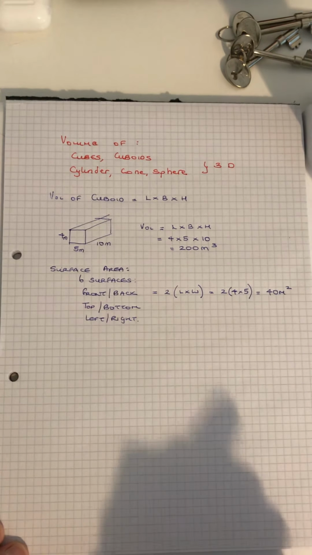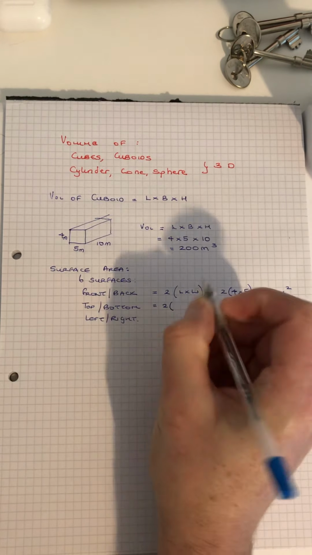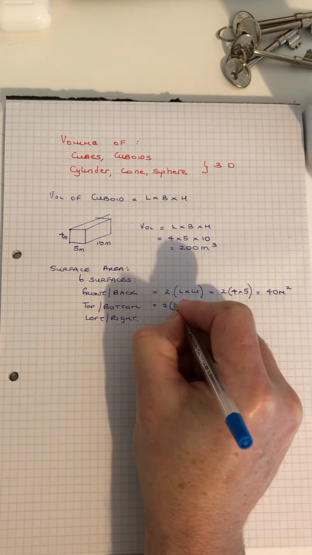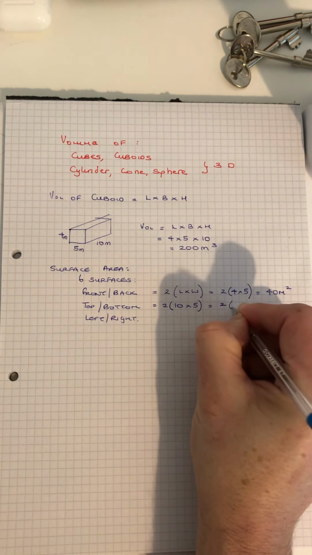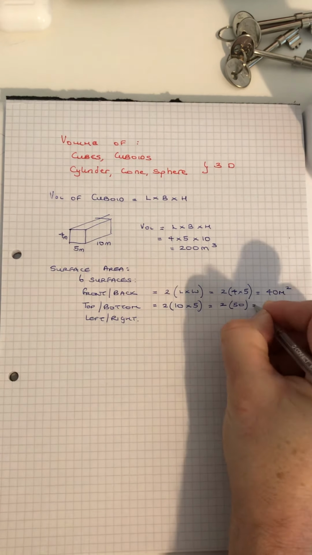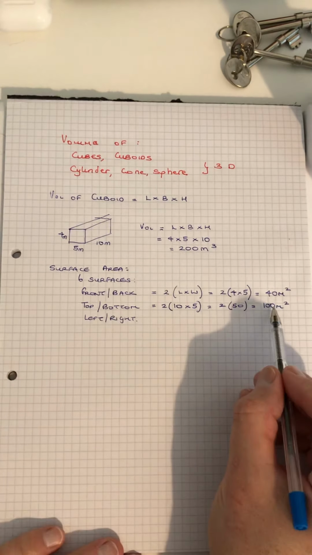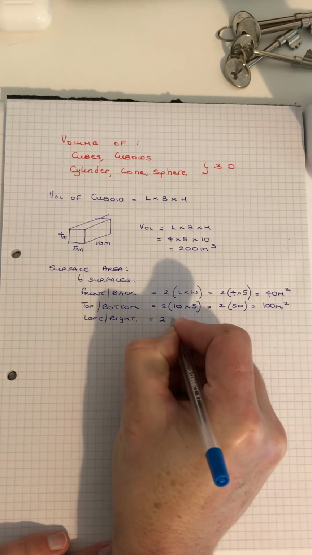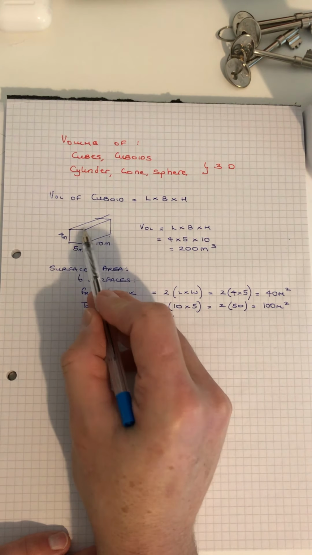Okay? The top is going to be 2 times, so this length is 10 and the width across is 5. So 10 by 5, so 2 times 50, which is 100 meters squared. Okay, so note the units for area are in meters squared. Whereas the left and the right is again going to be 10, but the height is 4.